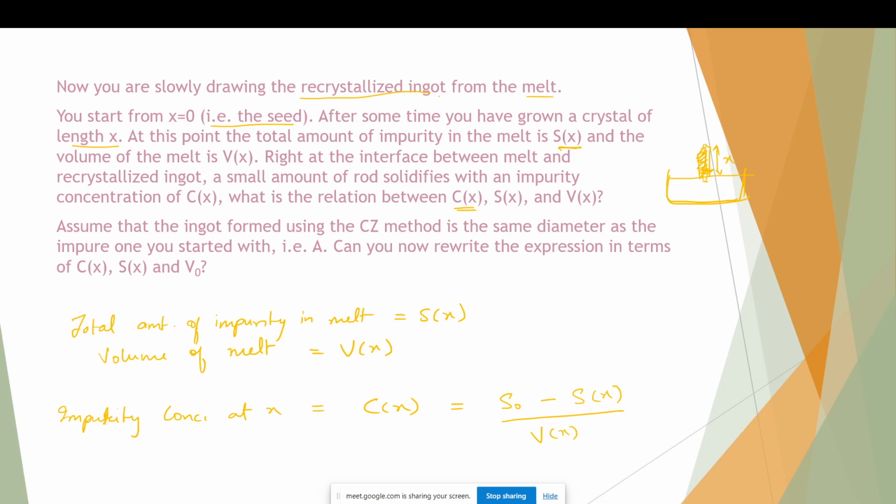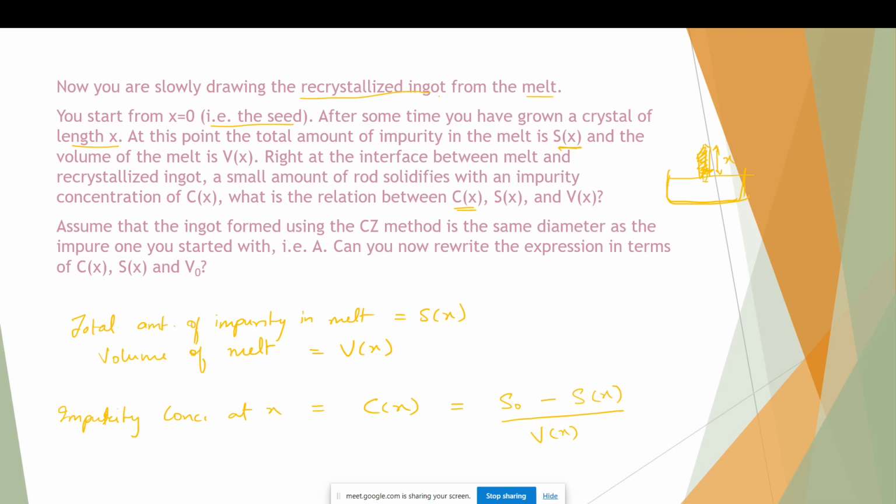S naught is the total impurity that was there, minus the impurities here. So that will give you, yes, you're right actually. This is in fact correct.